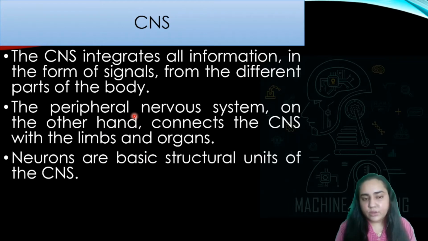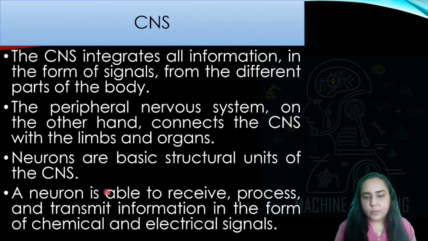And neurons are the basic structural units of the CNS. Just like you might have studied in biology in school, that the cell is the basic unit of any organism. Right now we're talking about the CNS, the central nervous system, and for the central nervous system, neurons form the basic structural units.